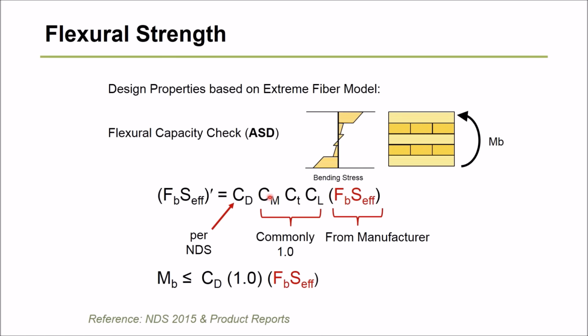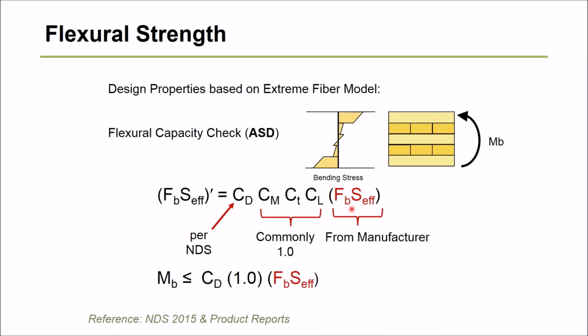Now, if you look at the scope of the PRG 320, it's typically for interior applications. So C sub M for moisture content and C sub T for temperature are commonly going to be 1.0. C sub L is a bending component for narrow beams, and if you're talking about a wide panel, that's commonly going to be 1.0.